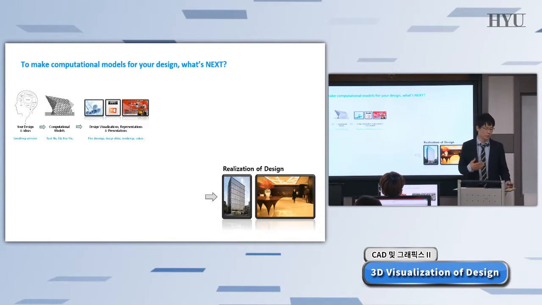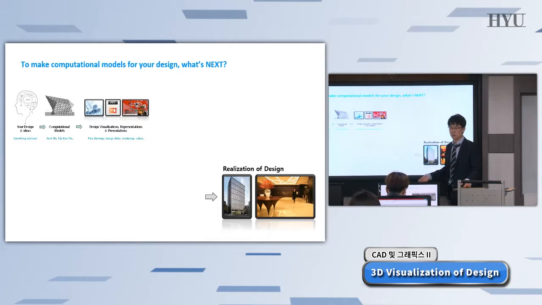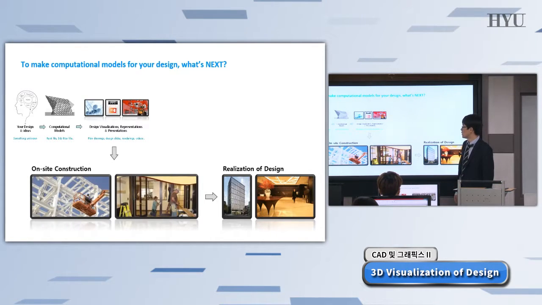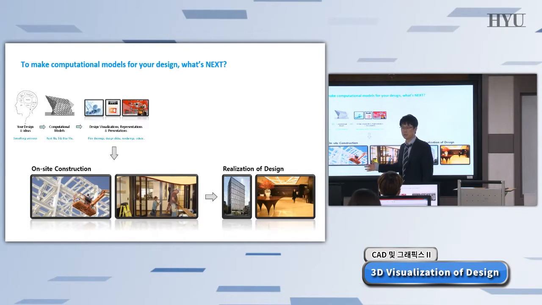Actually, we have to know what's next and take some holistic approach to the buildings in terms of their life cycle, okay, the building's life cycle. As you may know, of course, they are supposed to be constructed, erected on the actual site, okay?